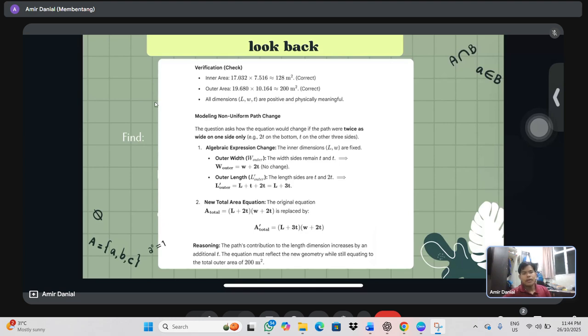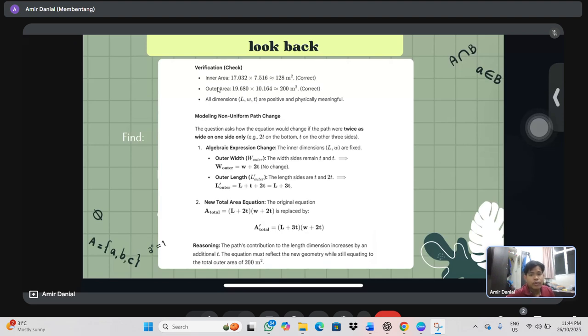So the next step for Polya is look back. We need to do verification, which is check. So the inner area 17.032 multiply with 7.516 equal to 128 meters square, and it is correct.